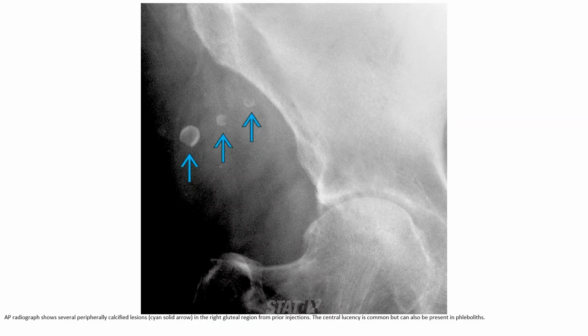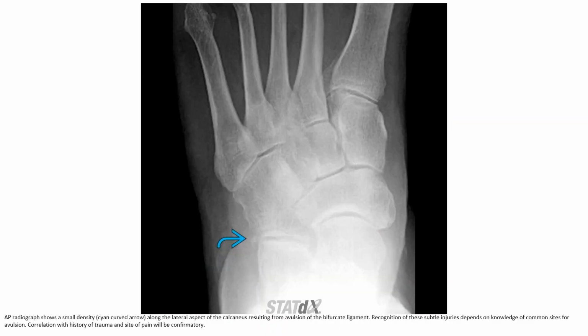AP radiograph shows several peripheral calcified lesions in the right gluteal region from prior injection. The central lucency is common but can also be present in phleboliths. AP radiograph shows a small density along the lateral aspect of the calcaneus resulting from avulsion of the bifurcate ligament.